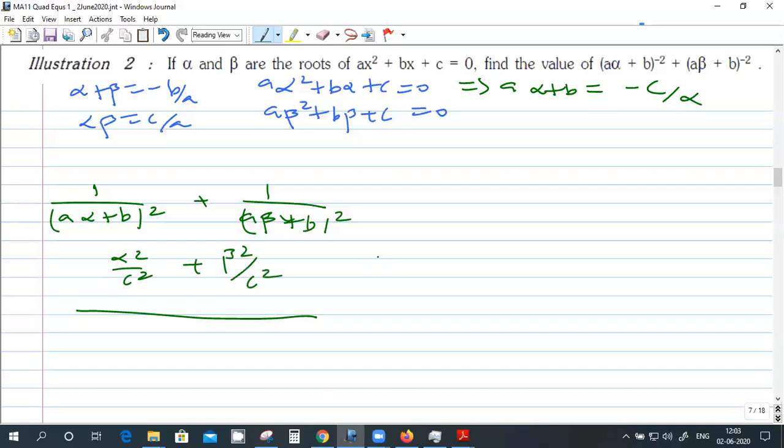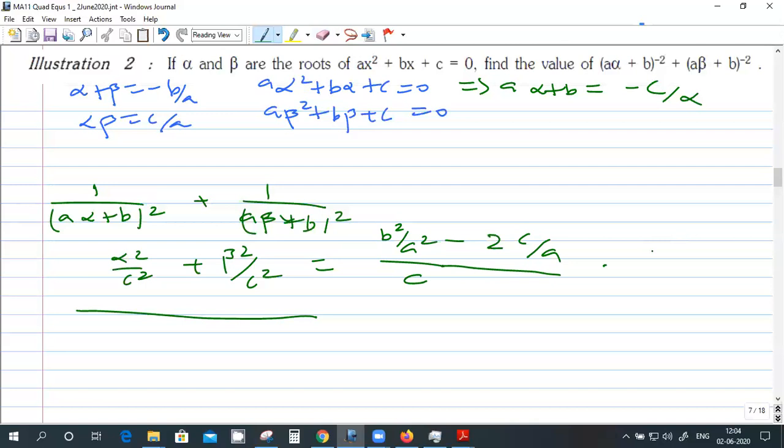So it's alpha square plus beta square by C square. That is alpha plus beta whole square minus 2 alpha beta. A square plus B square is A plus B whole square, sorry, minus 2AB, right, sir? Yes, sir, I think it will be 2. Okay.